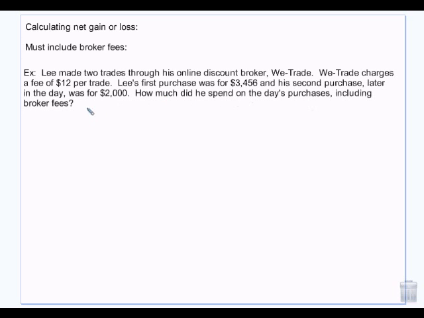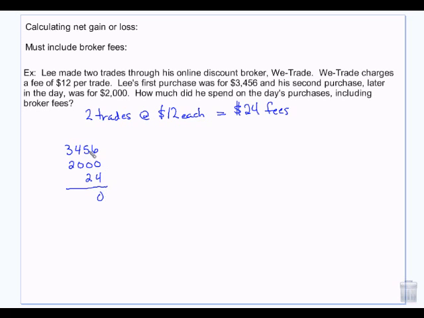Well, he's got 2 trades at $12 each, so that's $24 in fees. We have to count both of those trades. So I take the money he spent on one stock, the money he spent on another stock, and then the fees, and I add that all up. So he spent $5,480.